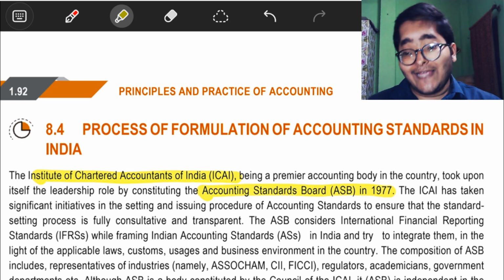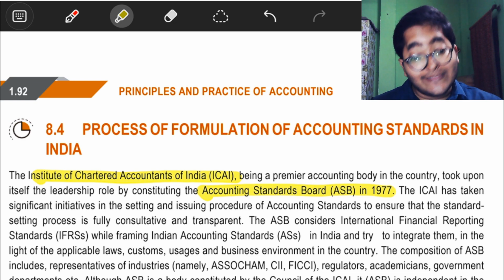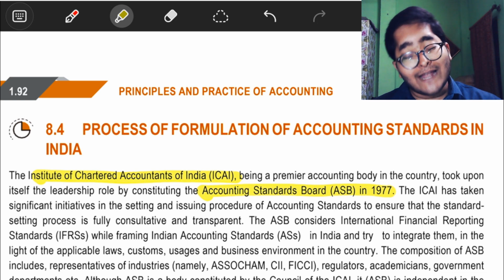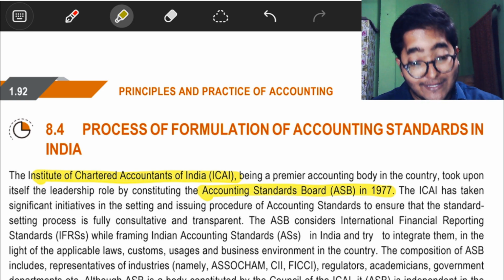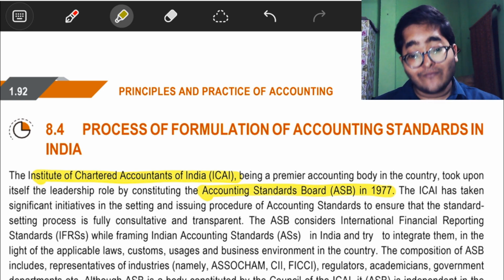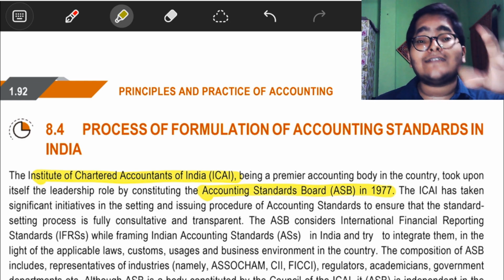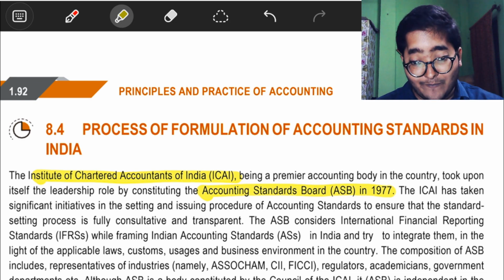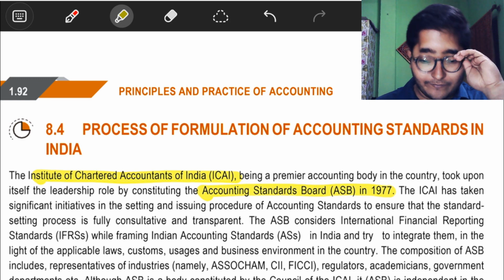The ICAI has taken significant initiatives in the setting and issuing procedure of accounting standards to ensure that the standard setting process is fully consultative and transparent. The ICAI ensures that.